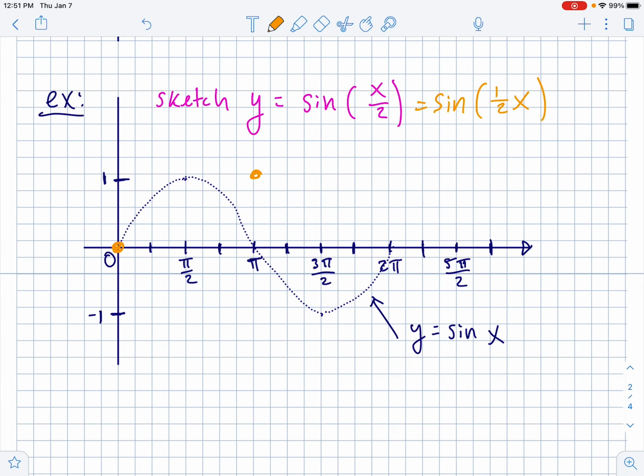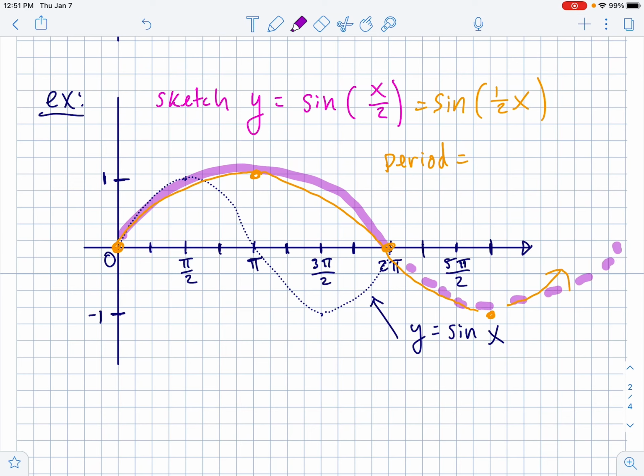It starts at 0, 0, goes up the mountain at pi, and then at 2 pi comes back down. I didn't make my graph big enough, but you have to think about where it would finish one full cycle. The period would be double, because we only see half the curve between 0 and 2 pi, so the rest of it would be out to 8 pi.